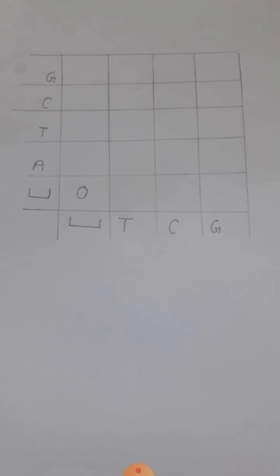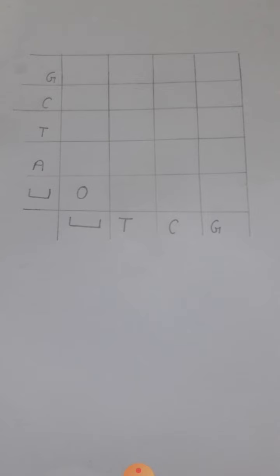So here we make a box, and in the very first box we have to write 0, because rule number 1 says that we have to make a gap at the beginning. So gap gives 0.